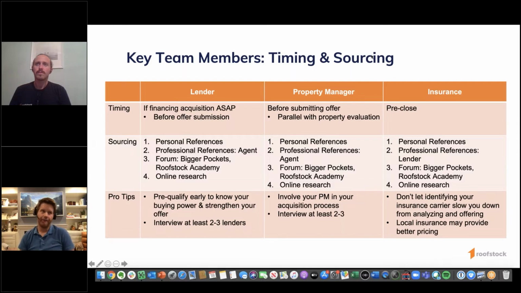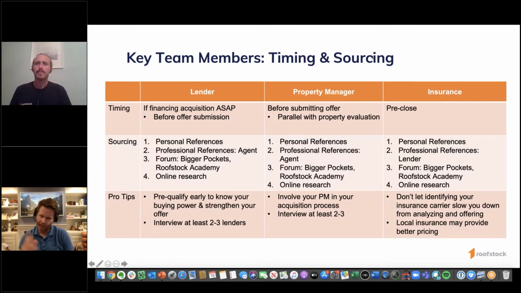I think even if Roofstock or your agent is recommending a property manager, you should still go through this exercise of formally interviewing them and making it a really data-driven decision. Next would be forums. BiggerPockets is a great place that has a lot of references, as well as Roofstock Accounting, as I'd mentioned. And then lastly would be the old online research, but starting at the top with personal references.